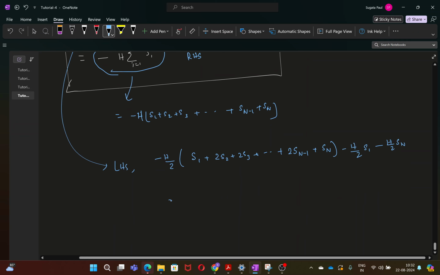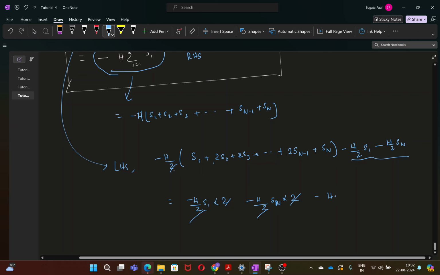So you end up with this 2 factor, and the 2 factor cancels out for all those intermediate spin values, and this minus h by 2 S1 into 2, this factor coming because we had extra S1 and Sn terms to compensate for that. Similarly, minus h by 2 Sn into 2. So these two factors are already compensated from the extra terms here, and the rest of the terms are compensated by the bracket divided by 2 and the extra 2 factors.